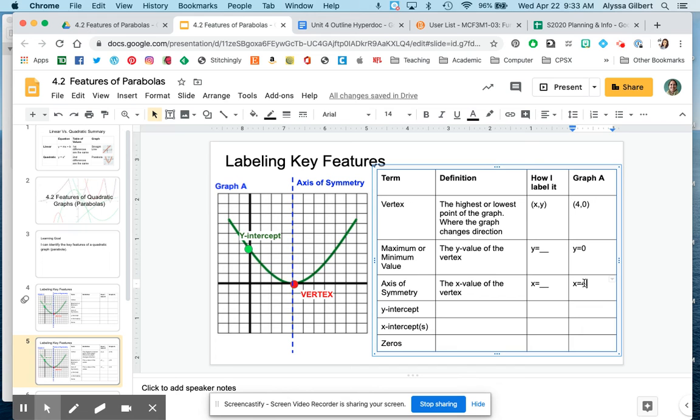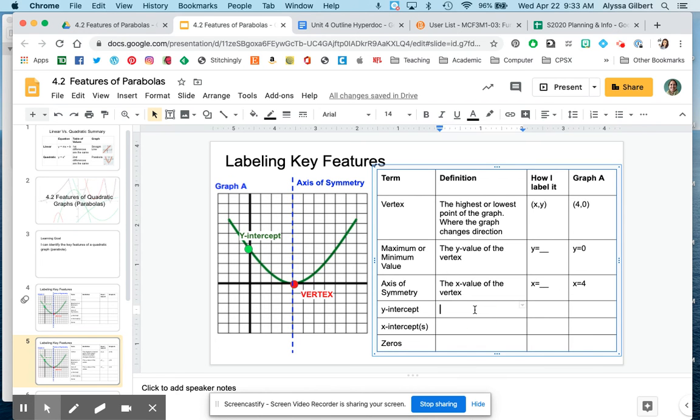So don't get too frustrated with yourself if you don't understand right away. It will take some practice and you will get to it. You will see this again in grade 11 and you will go over it again. So don't worry too much if you're not getting it right away. Okay, so the x value of our vertex was 4. So that means our axis of symmetry is x equals 4.